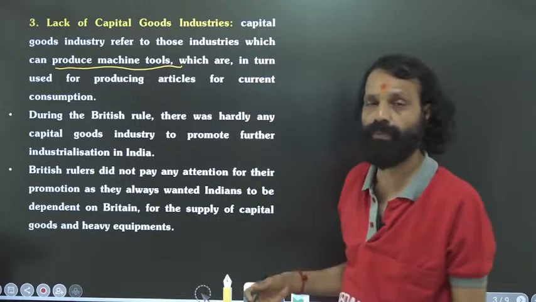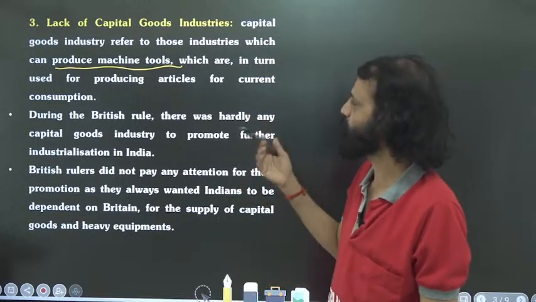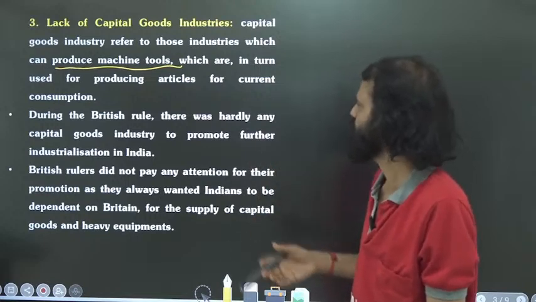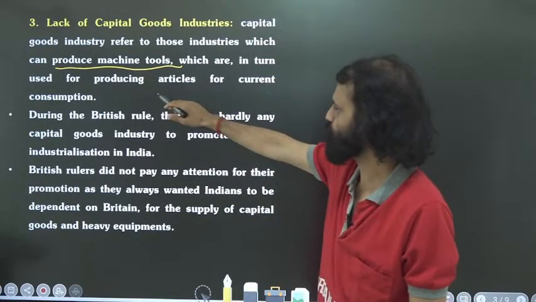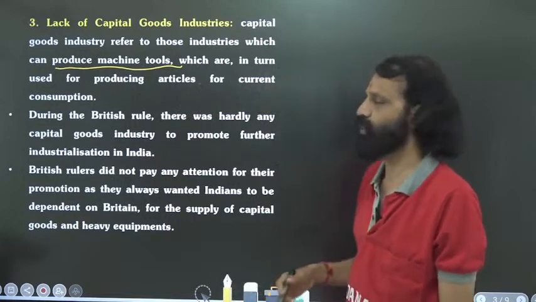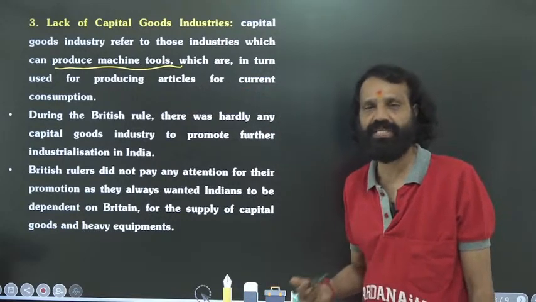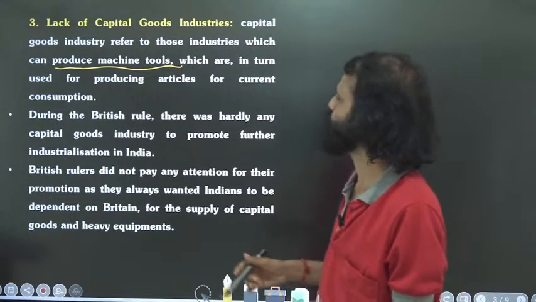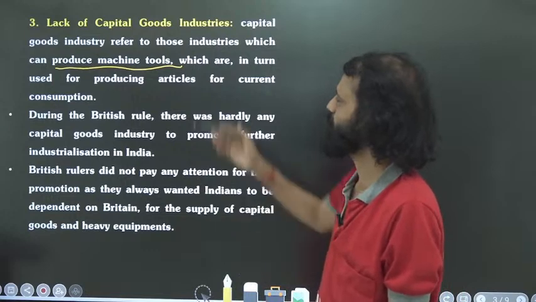Okay, there were no proper machine tool producing industries in our country, which are in turn used for producing articles for current consumption. So we had no proper industries. We had some industries, but they were not producing exactly the machine tools.